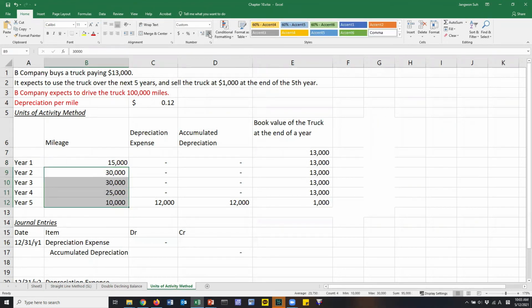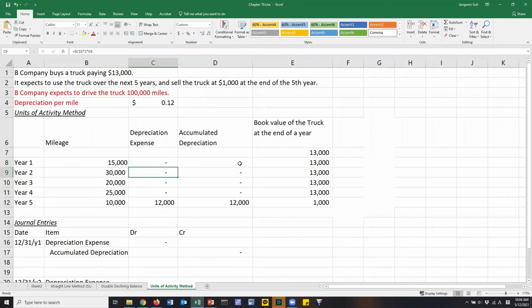Oh, this is 20. Sorry about that. By the way, this is from your textbook, so I'm making the example the same as your textbook. So that your total mileage, which is 100,000, is the same as what you expected.